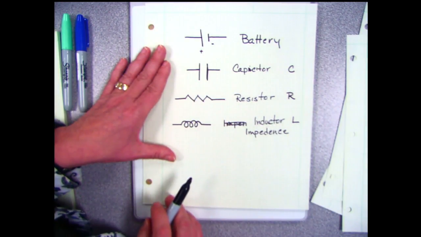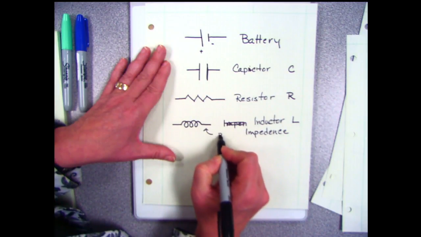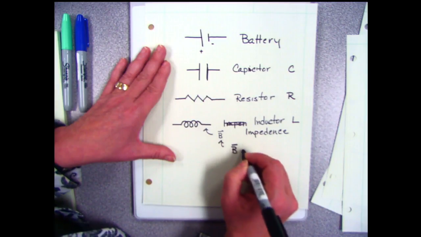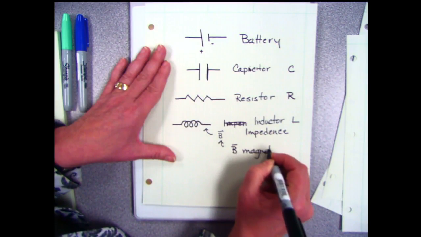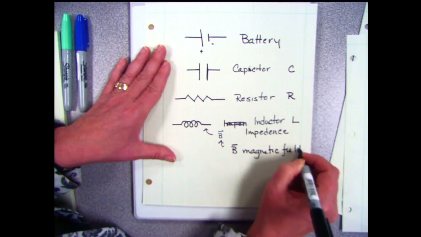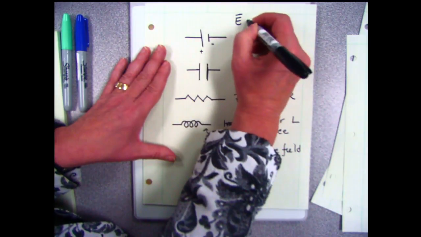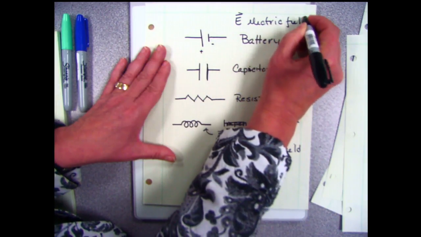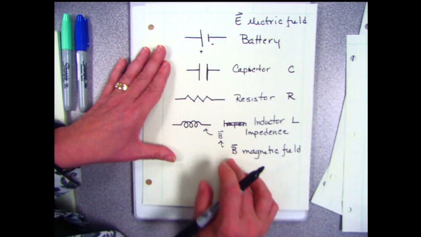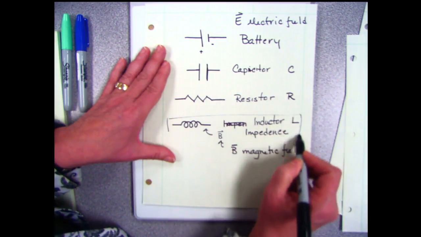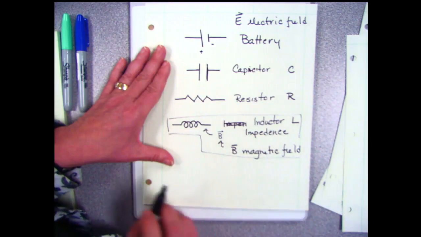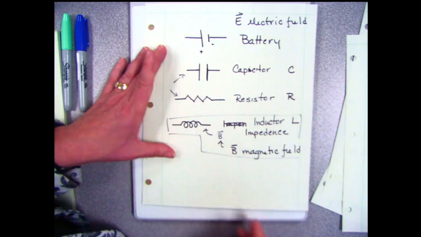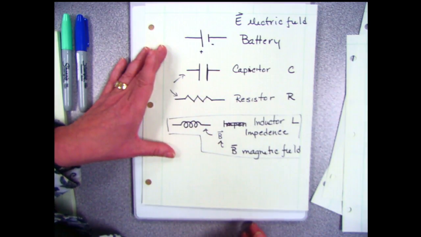B represents a magnetic field, whereas E is my electric field. We won't get to it for a while, but we're going to work with capacitors and resistors for a little bit. Resistors are things that are going to hinder the current in my circuit.